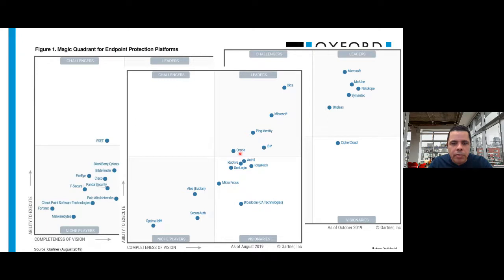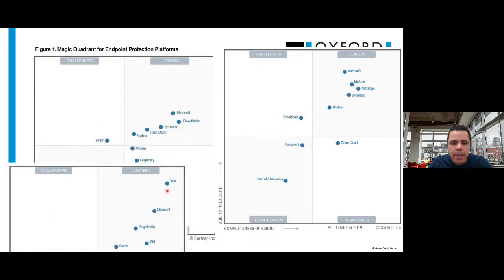Then there's the very crowded identity as a service space, of course, with Okta being far and ahead the leader. But for many Microsoft customers who are already leveraging Office 365 as their productivity suite, they have Azure Active Directory as well.